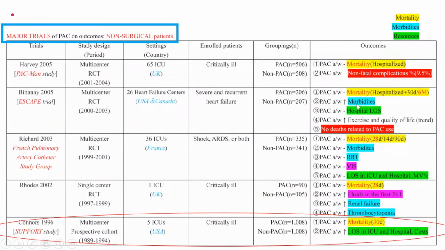As far as morbidity is concerned, the findings were mixed. With respect to hospital length of stay, the ESCAPE trial and the French trial did not demonstrate that PAC use will increase the length of stay.